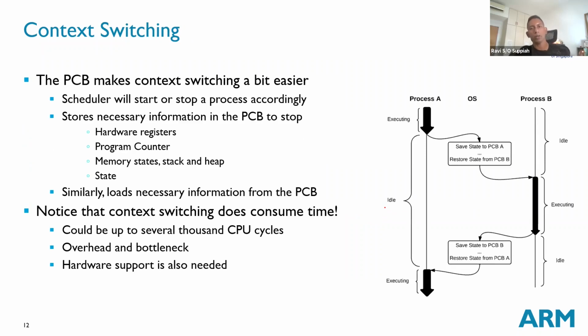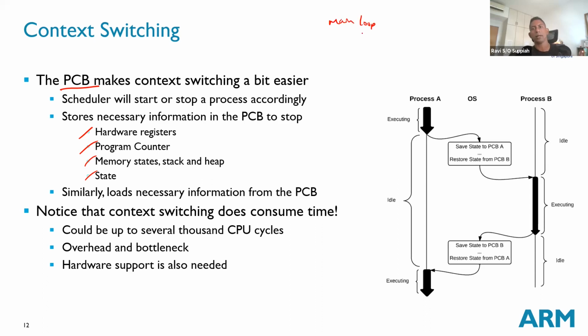In terms of context switching, the whole idea is that the process control block makes it easy for us to hold the information related to a particular task. These are the registers, program counter, memory state, and so on. This idea is similar to the main loop and interrupt context.